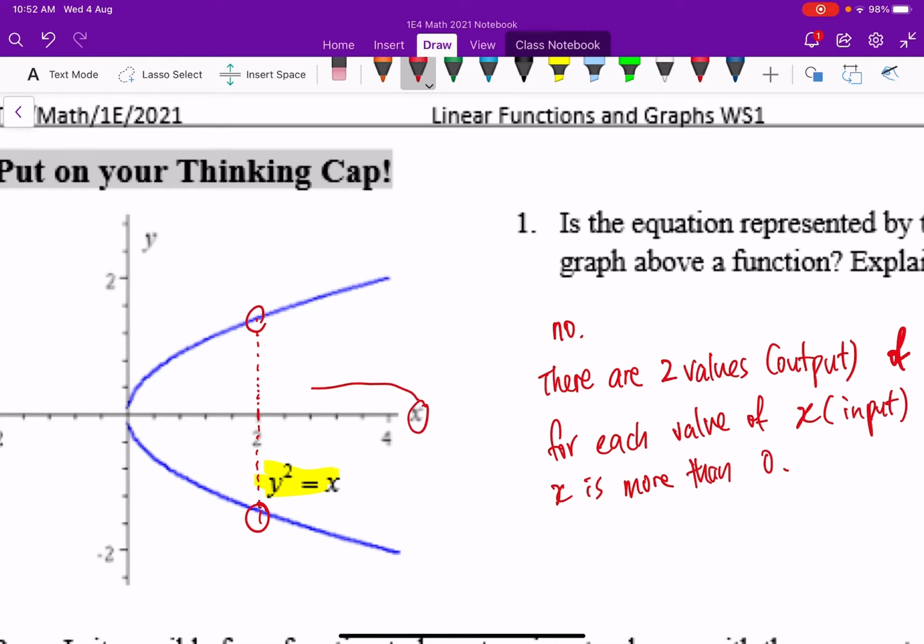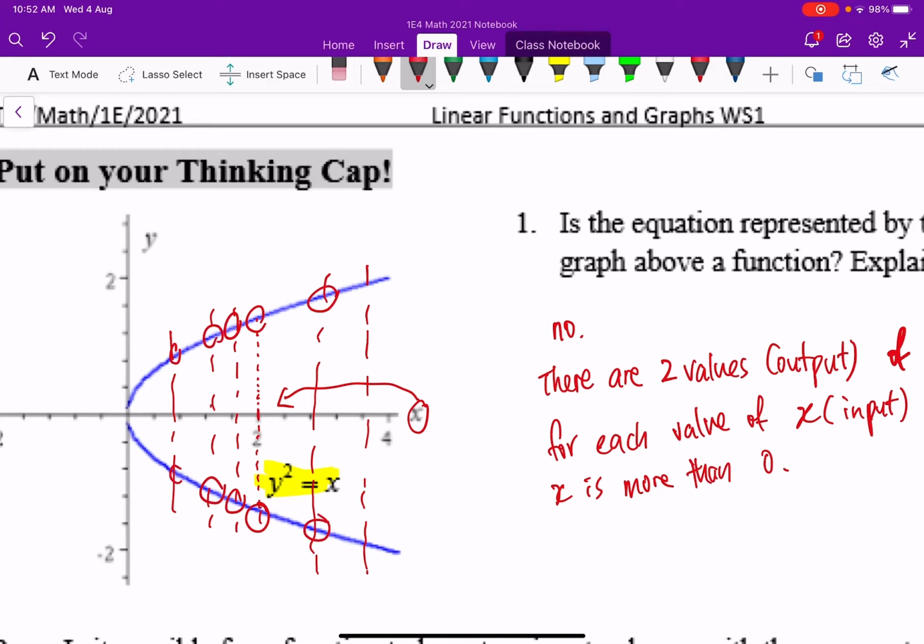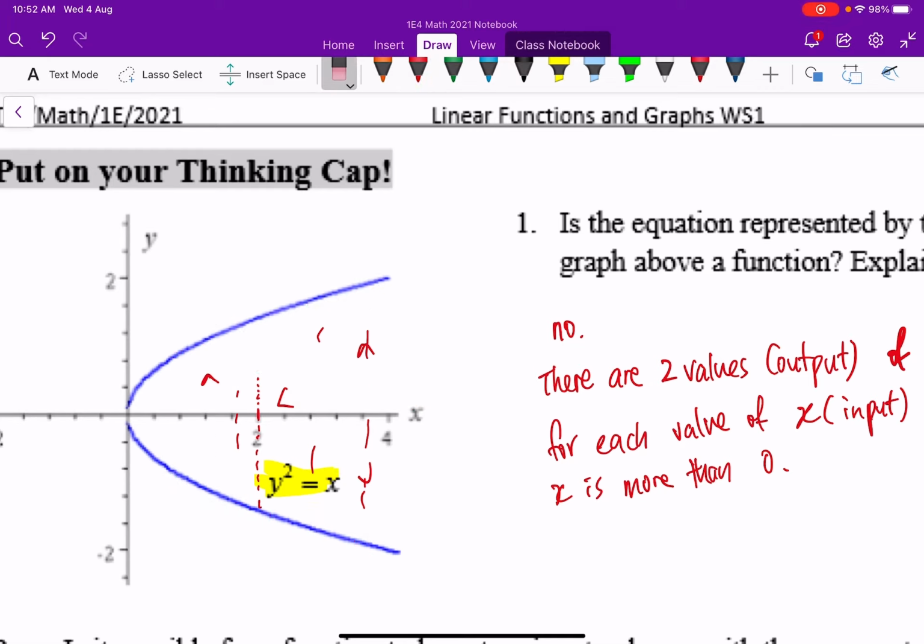So for every x value that is more than 0, when I go and measure it, I can actually get 2 y outputs, because from x you go down or you go up, you will actually cut the graph, the line, 2 times. So therefore it is not a function. A function means it can only cut 1 time for every single x value.